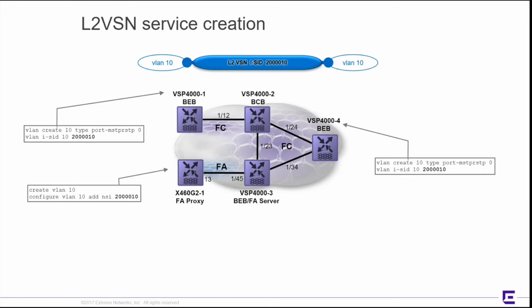Down the bottom left there, that would be a Fabric Attach device, which is really just like an edge switch. We're showing an EXOS switch there. It can be any one of the newer EXOS switches as well, the universal switches, the 5520s, the 5420s, et cetera. Any one of the switches can do that, as well as be part of the fabric nodes, depending on how you configure it out of the box.